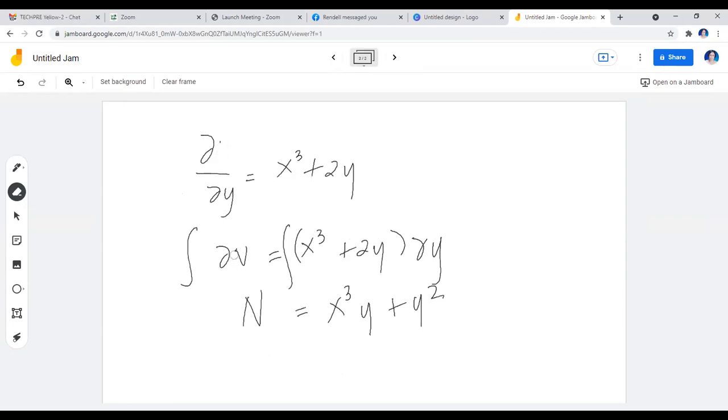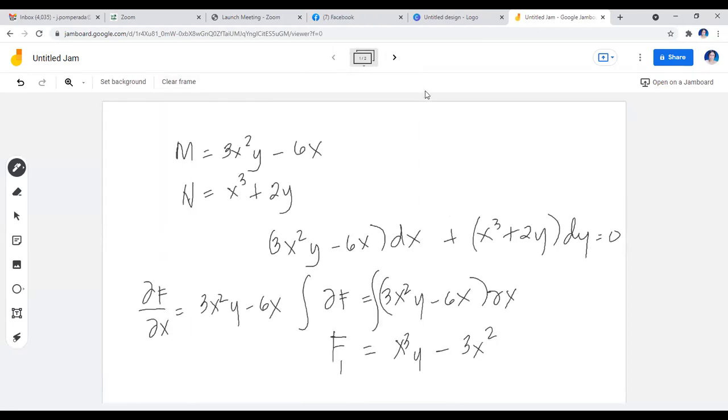You may get confused. This is f, not N. And let's say this is f2. So your f1, I'll place here, is x cubed y minus, I forgot again, so we go back here, 3x squared.